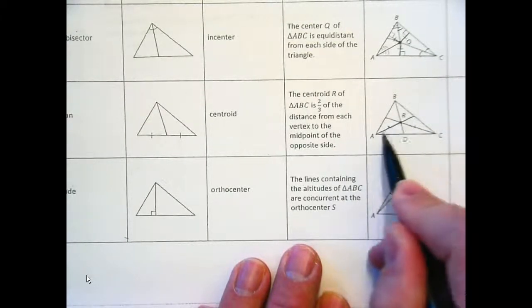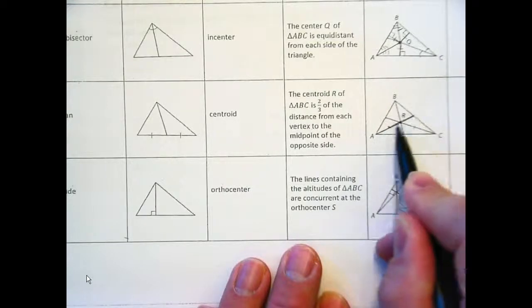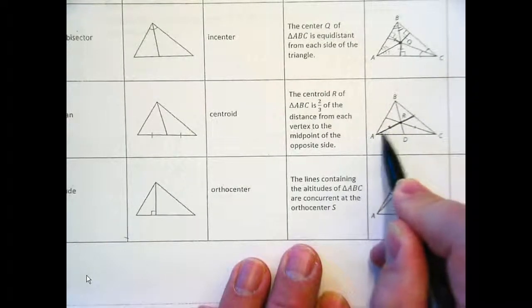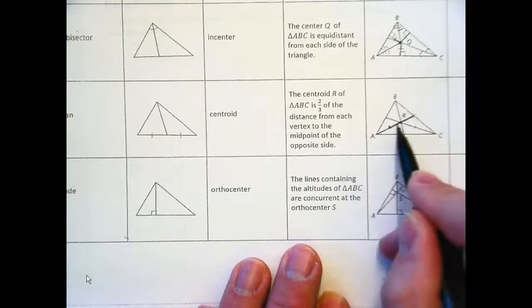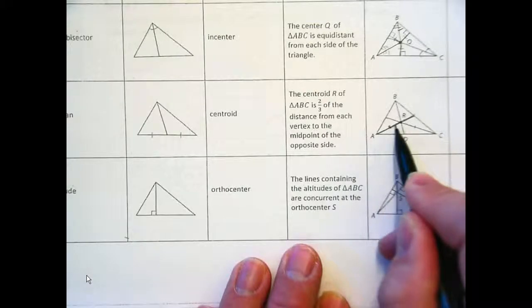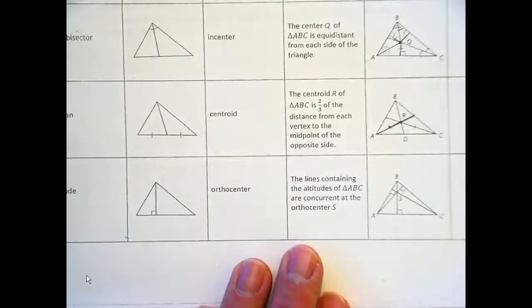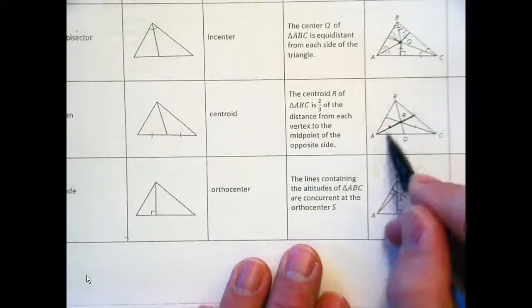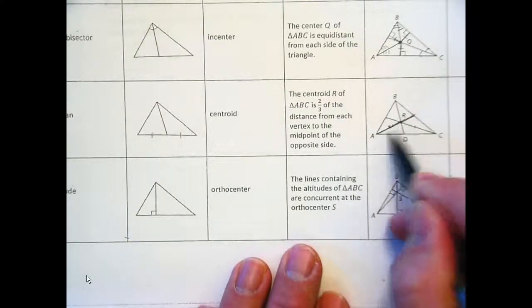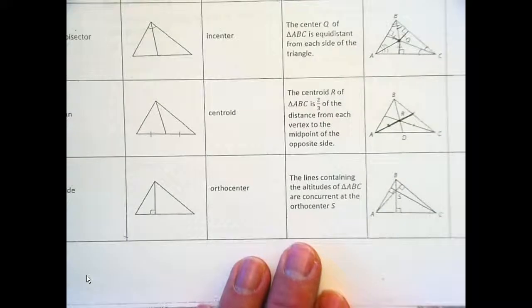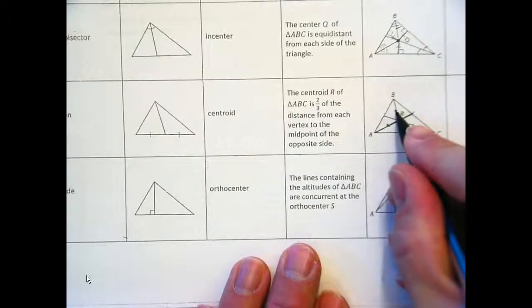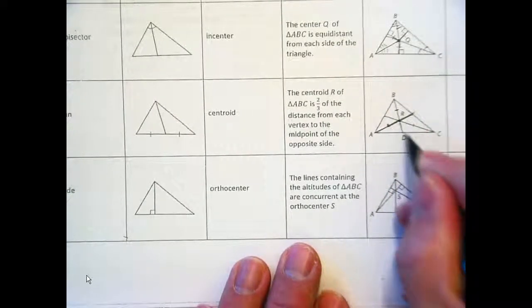So if you broke this median into 3 parts, 2 of those 3 parts are closer to the angle than this third. So this is 2/3, this would represent 1/3.